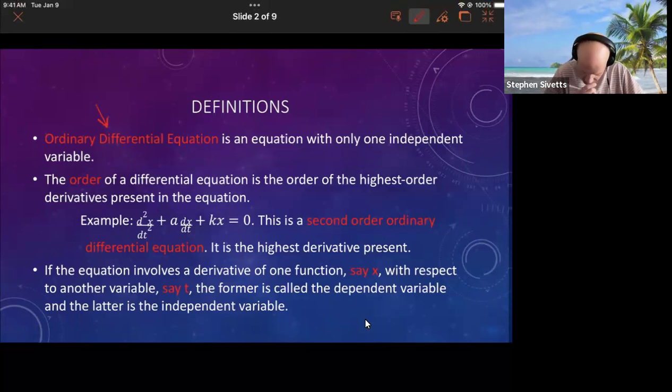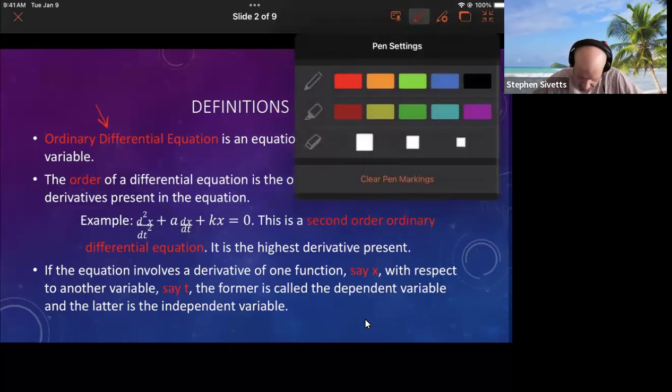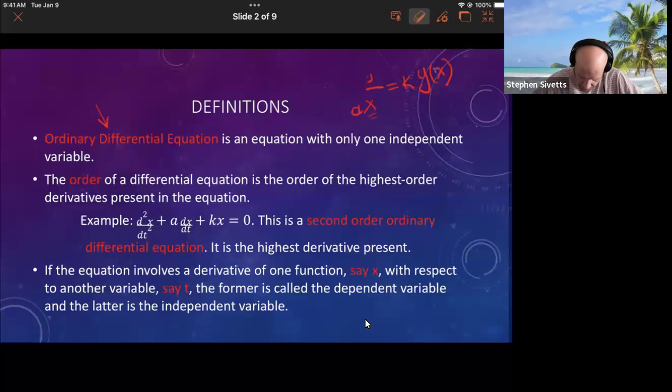So, for example, like this differential equation, this here is an ordinary differential equation because the independent variable is x. And I actually mentioned this at the third bullet point.